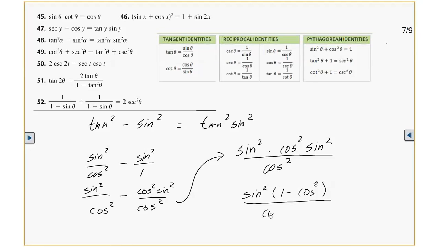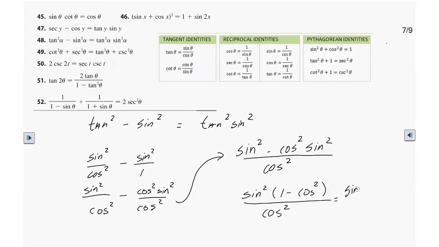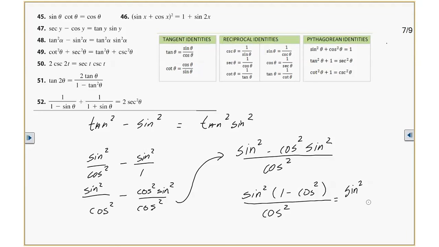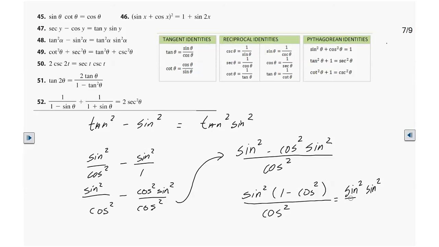Hey, wait a minute. I remember 1 minus cosine squared. What's 1 minus cosine squared? Sine squared? So that's going to give us sine squared times what?